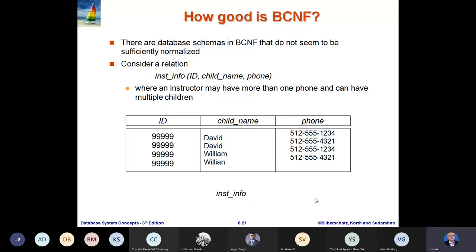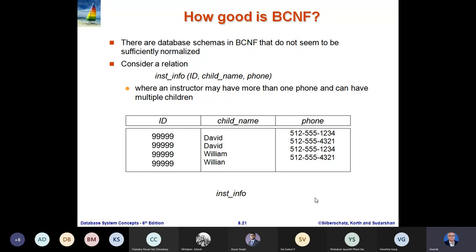Now, if we only kept, say, 1234 with David and 4321 with William, it would have apparently meant that this phone number 1234 is meant for the child David, and 4321 is meant for the child William, which is not exactly correct, because these phone numbers are not specific to the children's names.